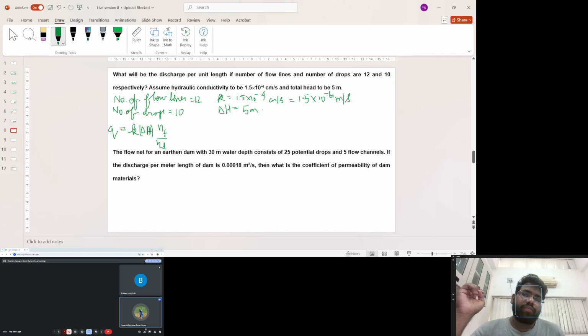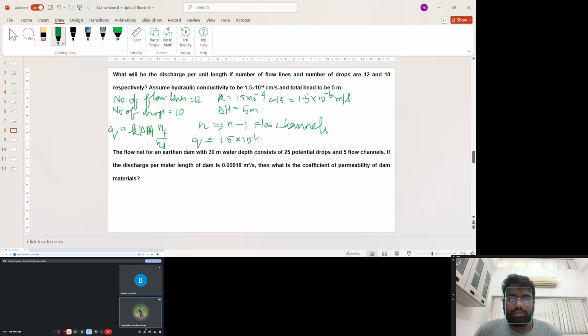Now we have been given number of flow lines, but NF is defined as number of flow channels. So if there are n flow lines, there will be n minus 1 flow channels. So Q will be equal to K, 1.5 into 10 power minus 6, into 5 meters, into NF, which will be 11, by number of drops, which is 10.